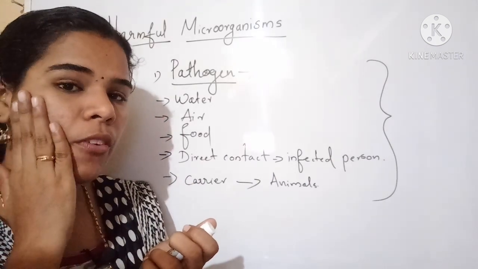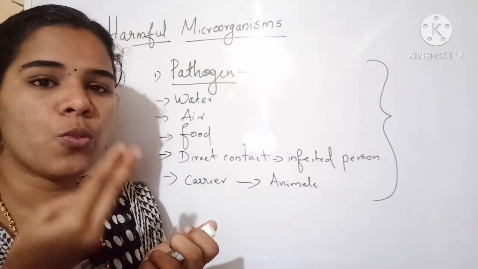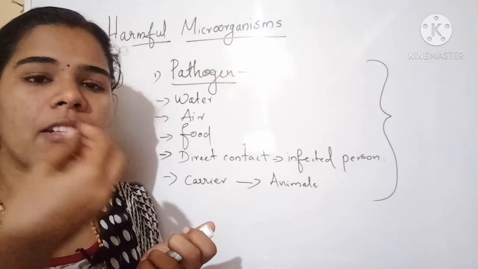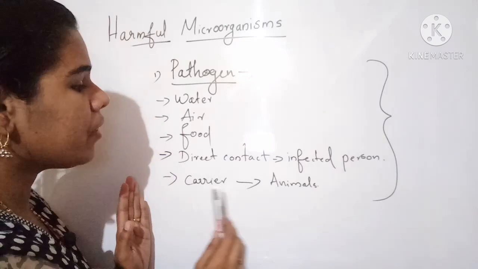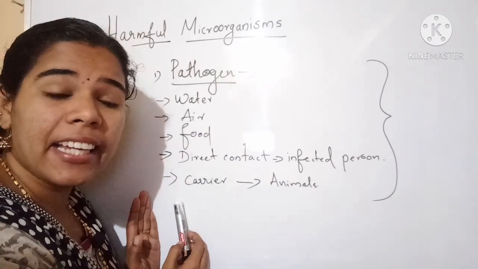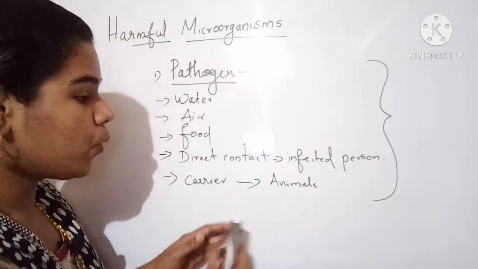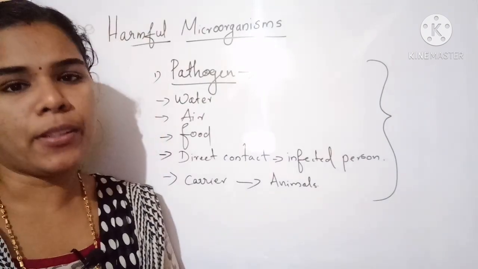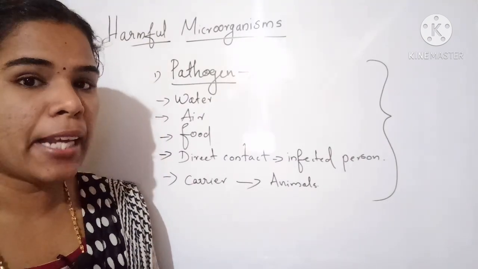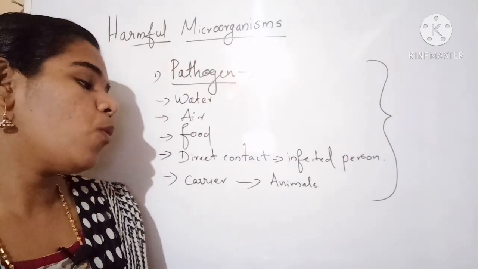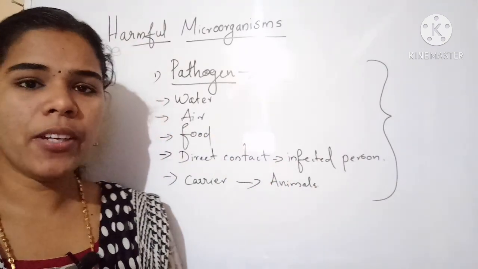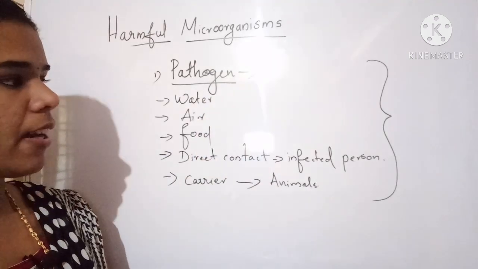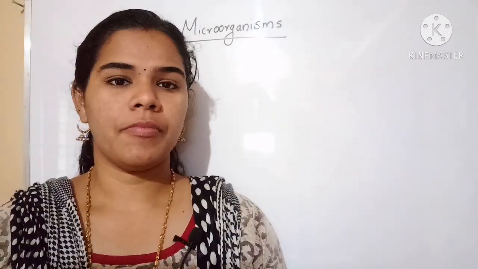When we touch our face or mouth, what happens? The pathogen will enter our body. And some animals act like carriers, so they only carry the pathogen. When we touch that animal, what happens? The pathogen will enter our body. These are the main transmission sources.